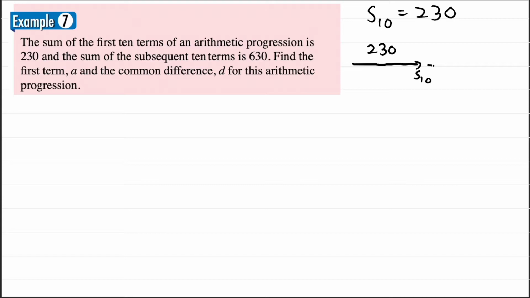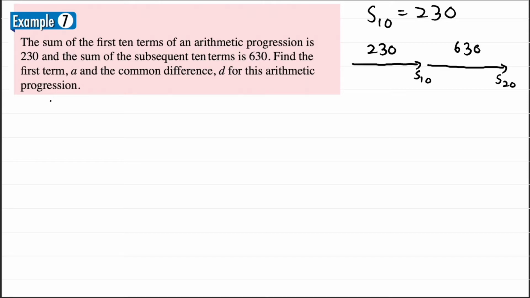Dan dia bagi lagi S10 yang seterusnya. Maknanya S10 tambah S10 kamu akan dapat S20. So dia itu adalah 630. Okay. Now find the first term and the common difference.